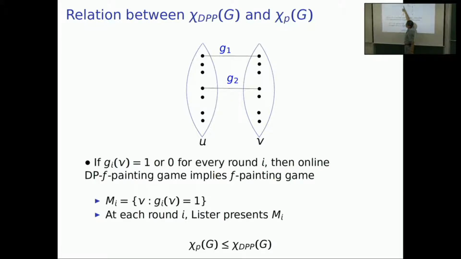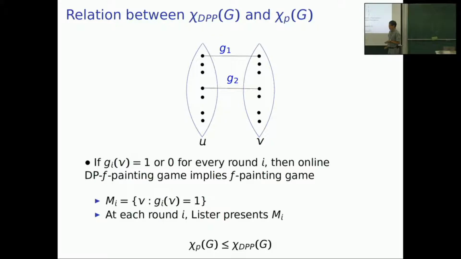So only the degree 1 vertex is present. Okay. But when you present, you might have many. Yeah. So yes, a little confusion.